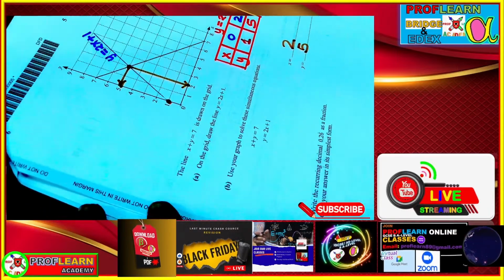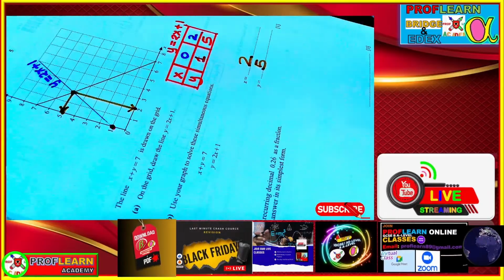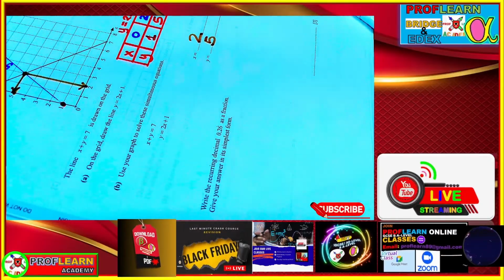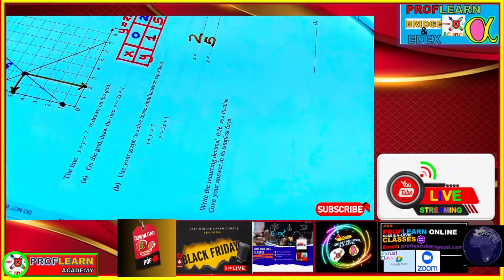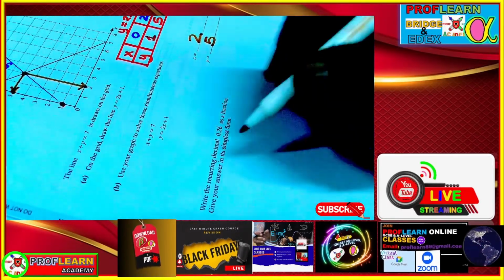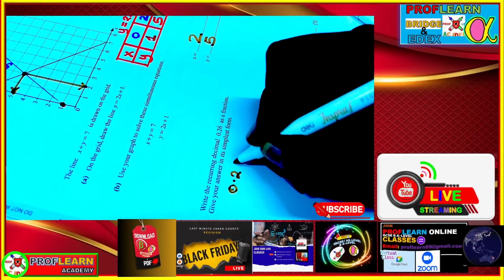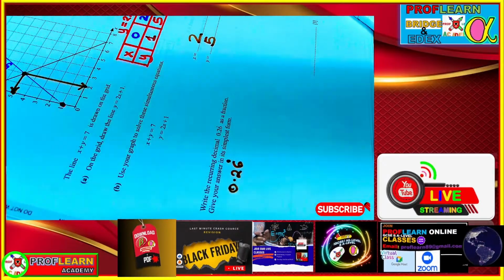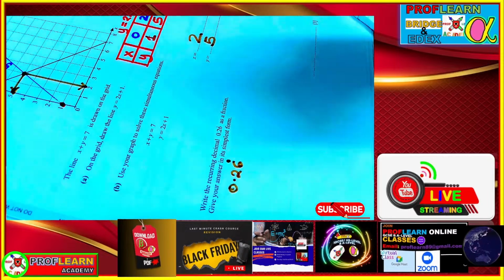The next area that you are going to be tested is the concept of how to express recurring decimals as fractions. Now we have 0.26 with a dot on the 6, so 6 is the one that is recurring.